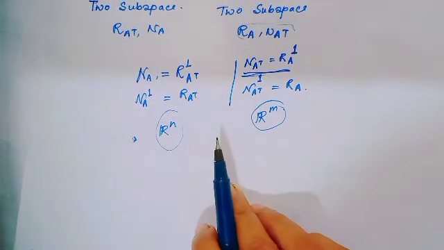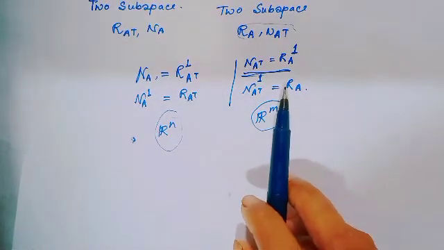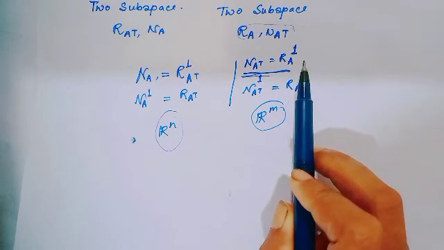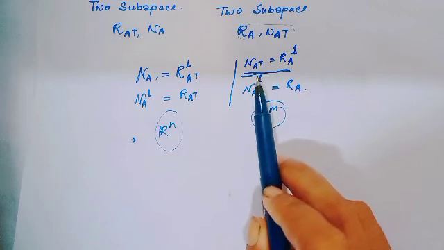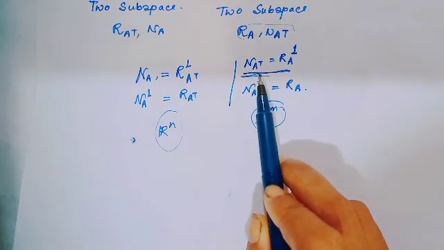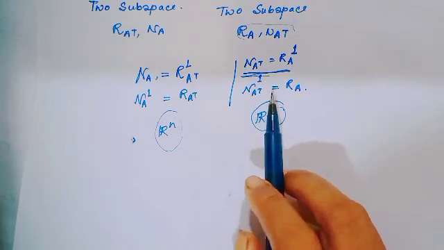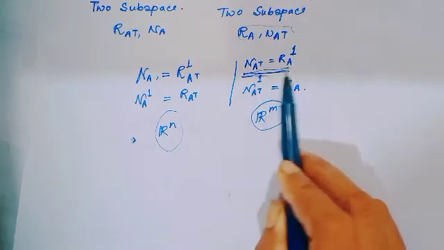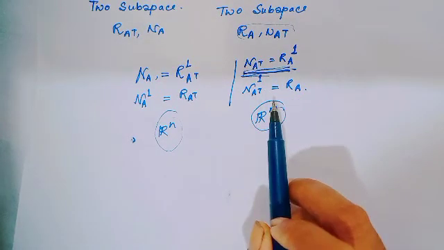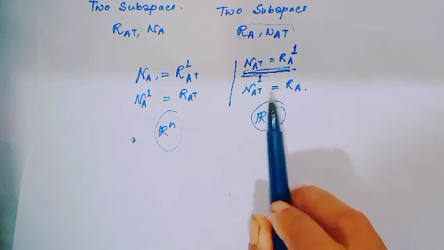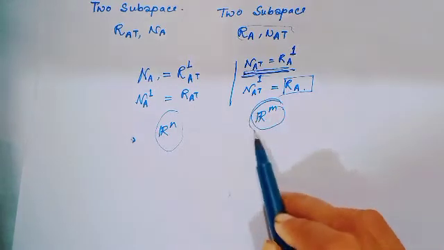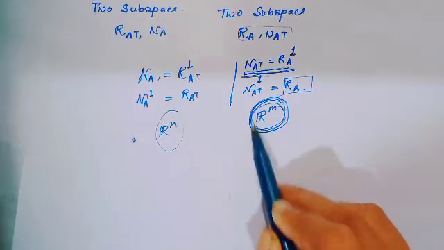The other subspace: the orthogonal complement of the range of A is, as we know from my earlier video, the null space of A transpose. And similarly, if we apply the complement again, then the null space of A transpose complement is equal to the range of A, and this subspace belongs to Rm.